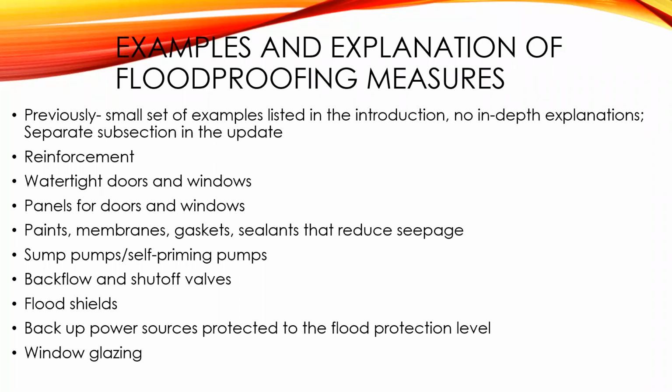So that's a requirement under the new technical bulletin. Having backflow and shutoff valves for the plumbing systems. Flood shields are a big one. You definitely need backup power sources for the sump pump just in case you lose power. And the window glazing is the reinforced glass that I was talking about. And so whatever measures are chosen and implemented are based on the site specific conditions for that building or that site.